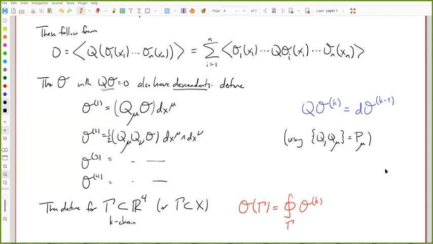Wait, but just to be sure, it's not that the functions have disjoint support, right? The function O of x1 and the function O of x2. Literally, those functions considered as functions on the field space are not disjointly supported.